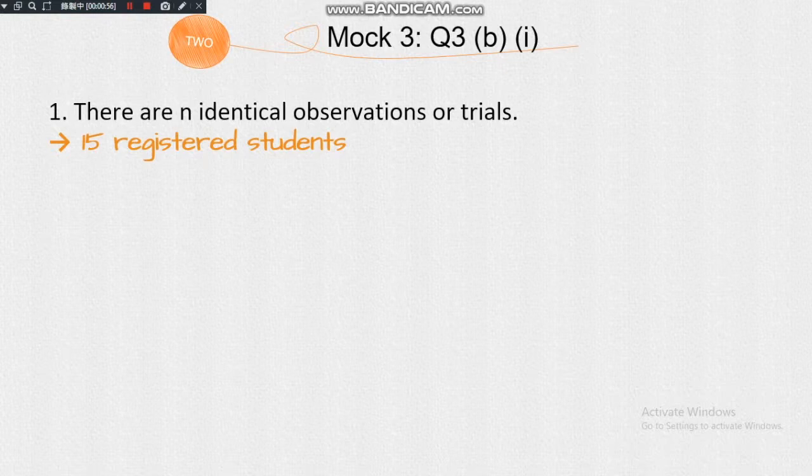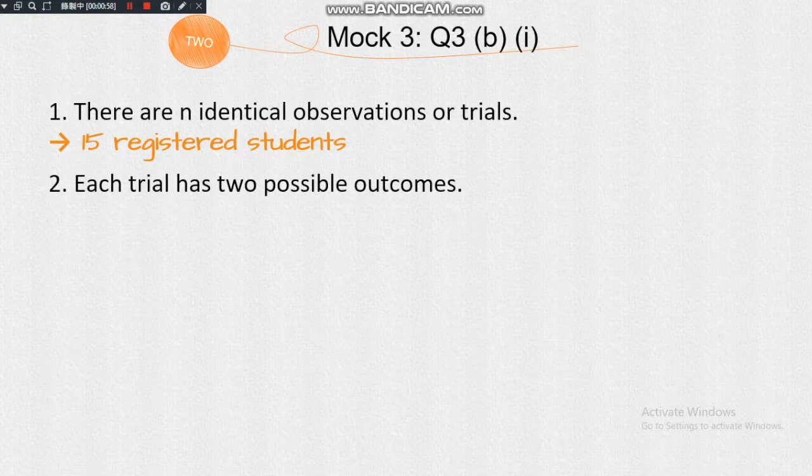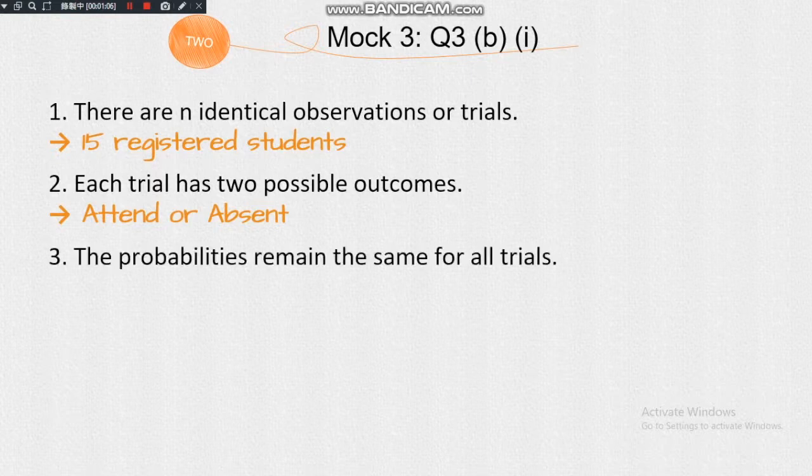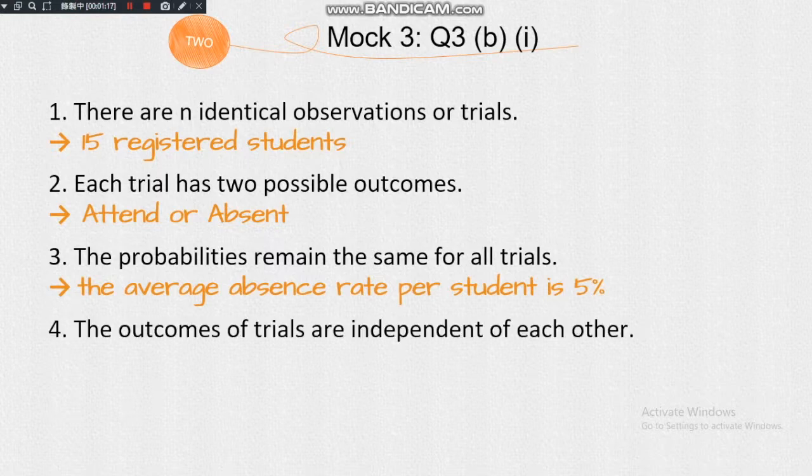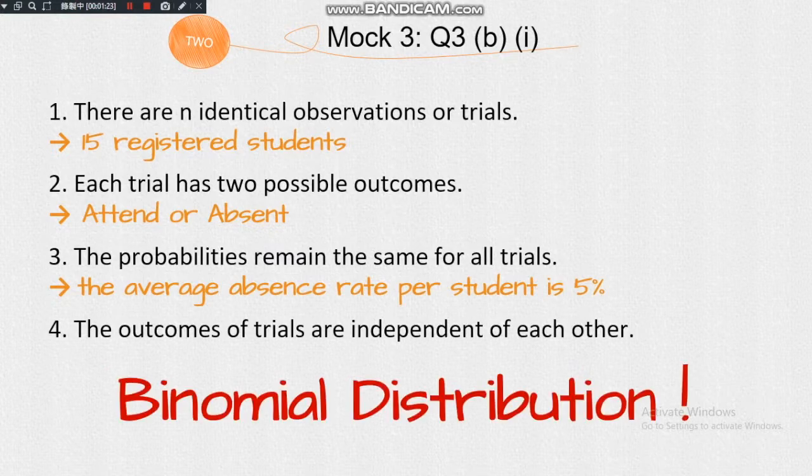For the second, each trial only has 2 possible outcomes, and this question only has attend or absent. The third condition is that the probability remains the same for all trials. Referring to the question, the average absence rate per student is 5%. The last one is that the outcomes of all trials are independent of each other. Hence, this question follows a binomial distribution.